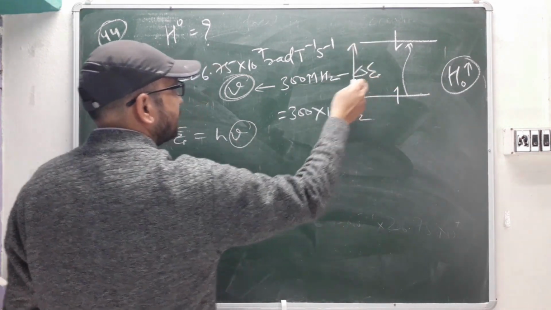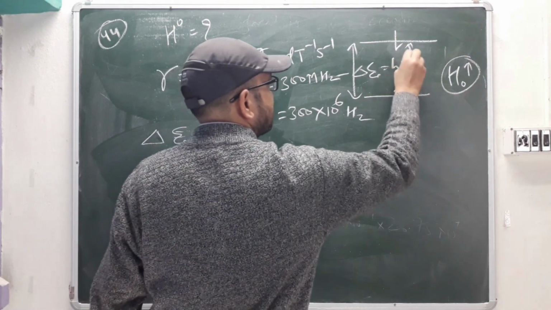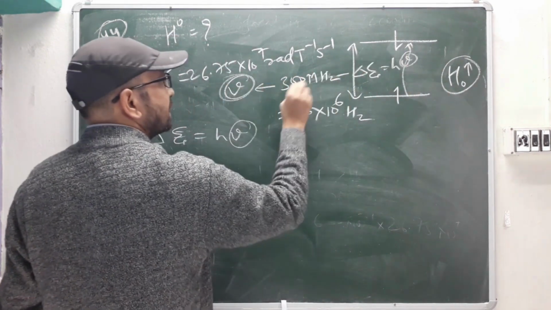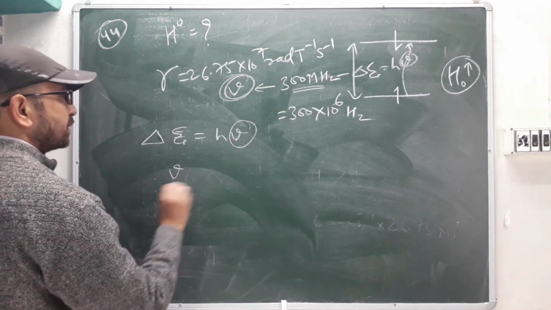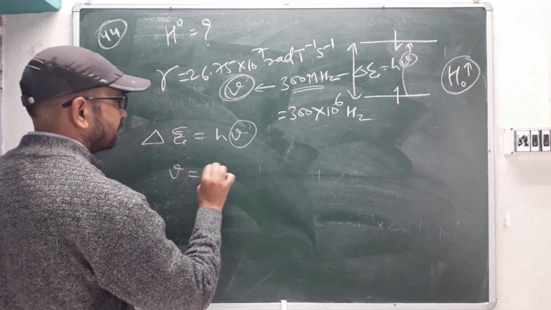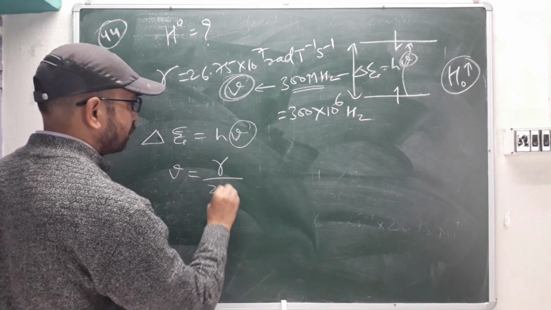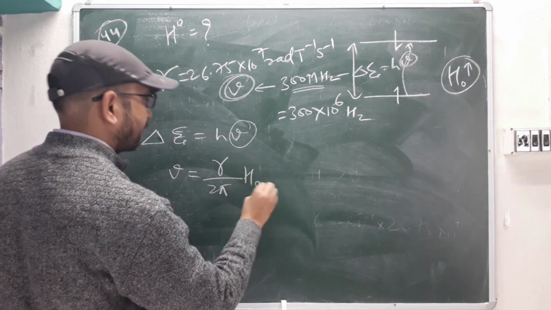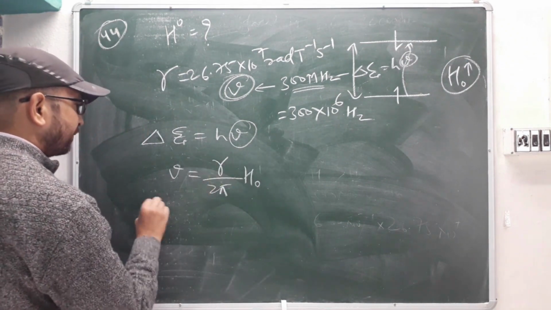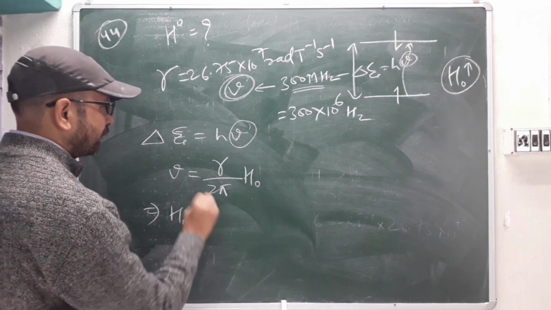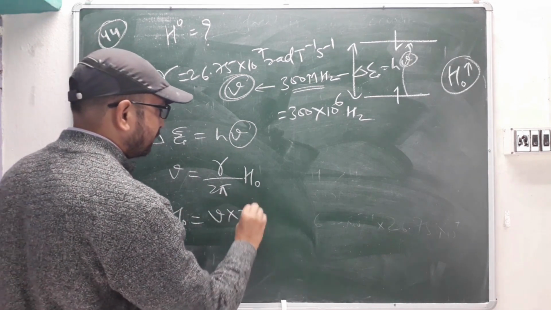So if delta E is equal to h nu, and this nu value it has given 300 megahertz, correct. So this nu equal to, we know that it is the gyromagnetic ratio divided by 2 pi, times the applied magnetic field, correct. So do cross multiply, you will get H0 equal to nu into 2 pi divided by the gyromagnetic ratio.